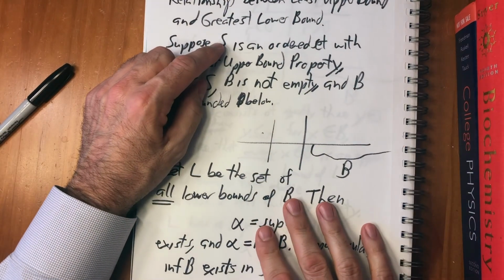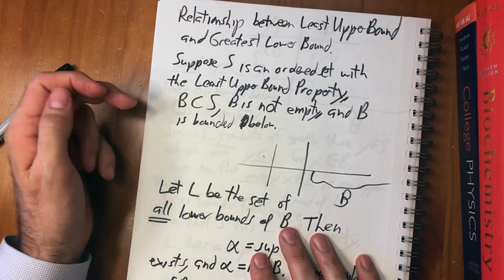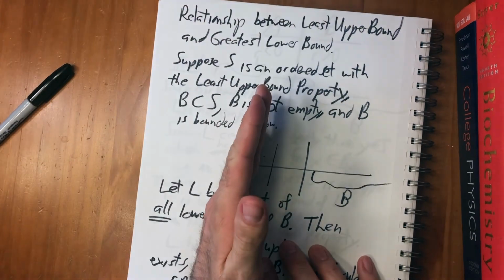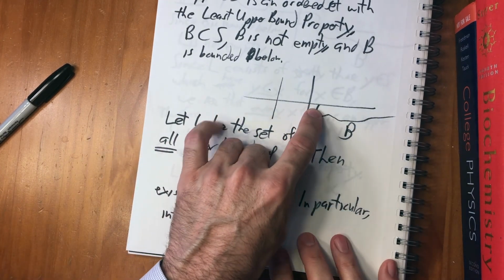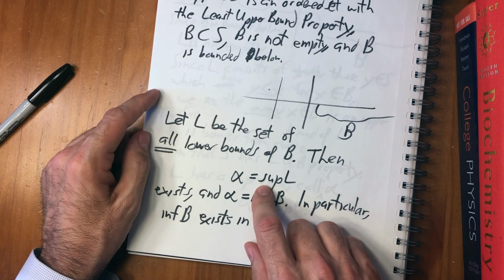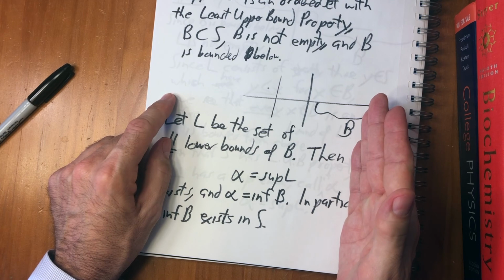So what did we show? The theorem was that if S is an ordered set that has the least upper bound property, and we have a subset B of S that's not empty and it's bounded from below, and that L is the set of all of those lower bounds, then L is bounded.